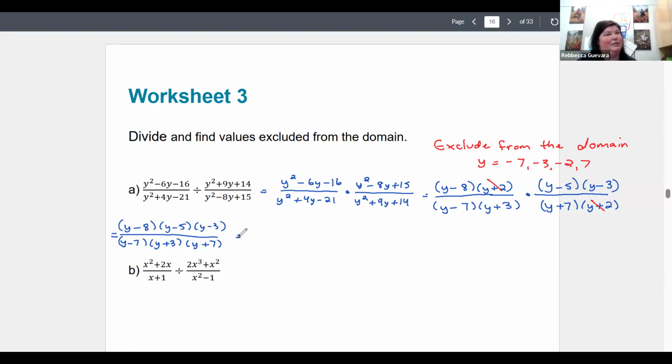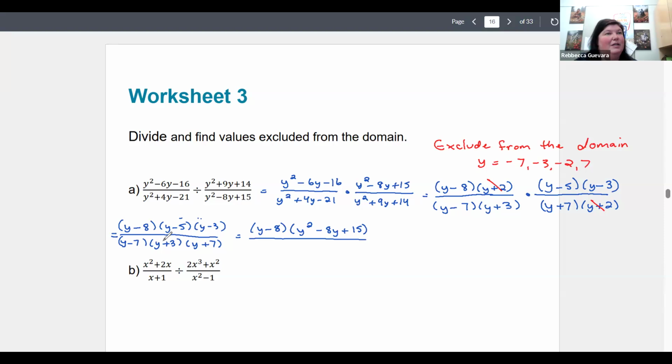Okay, so if we do some FOIL, I'm going to FOIL 2 together first. So we're going to leave the y minus 8. So if I take y minus 5 times y minus 3, that is going to give me y squared minus 8y plus 15. I'm just kind of skipping a step here.